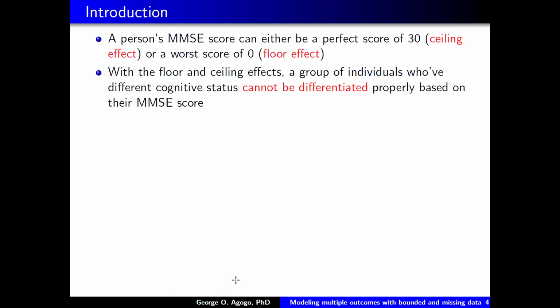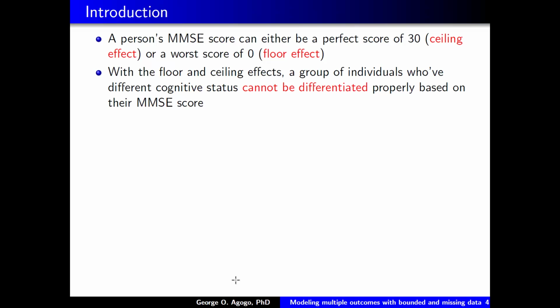Now, again, a person's MMSE score can either be a perfect score of 30, we call it ceiling, because you cannot go beyond 30 given the design of the tool. So that's called the ceiling effect, or a worst score of 0, which is a floor effect. You can't go below 0, given the design of the tool.